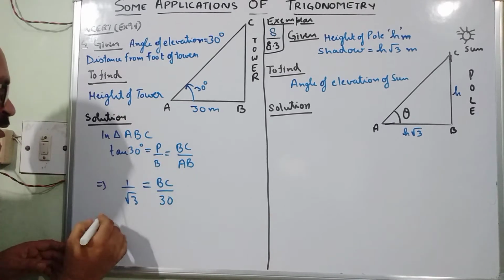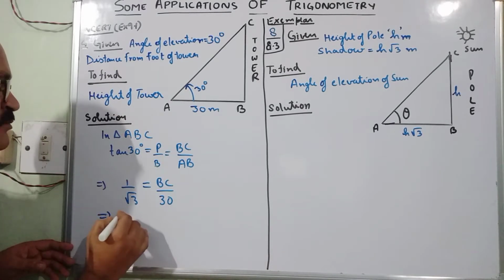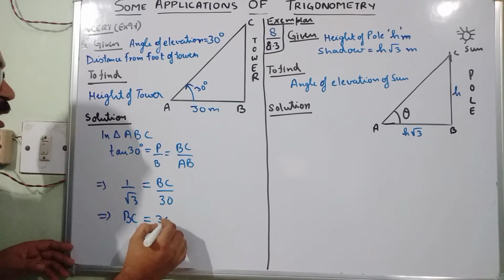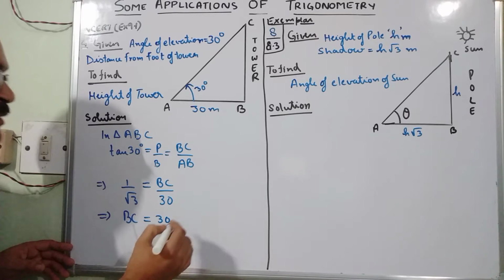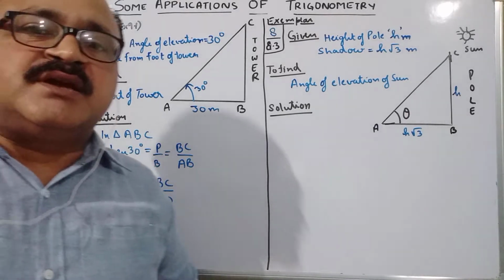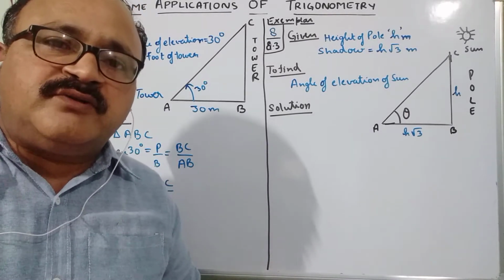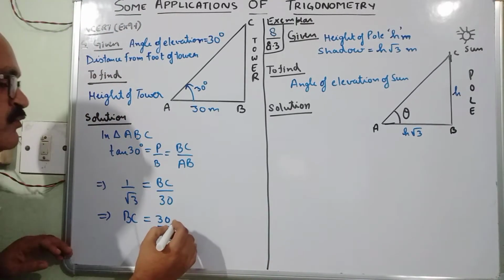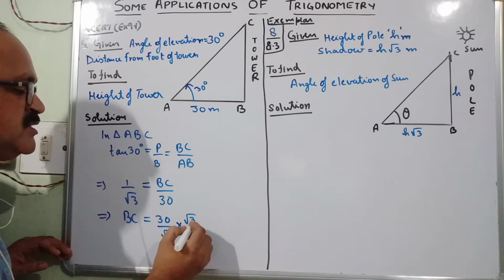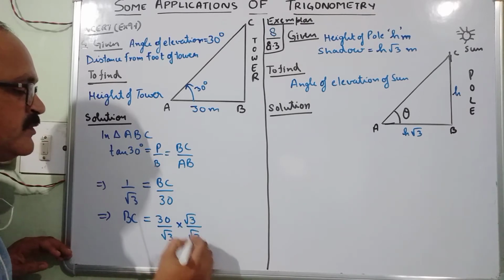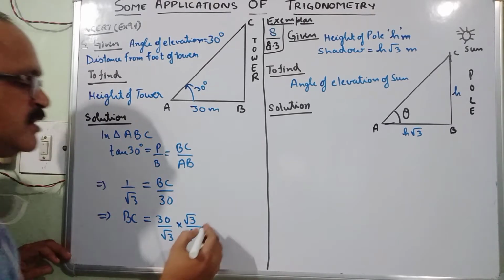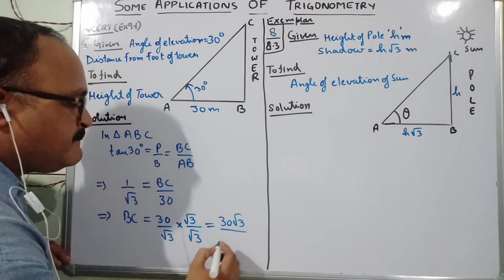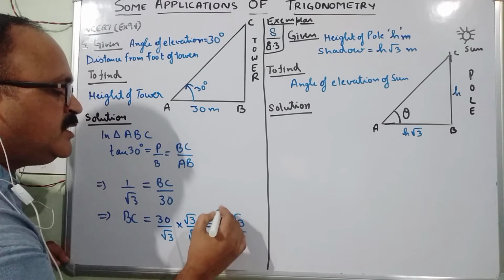So what will be the height of the tower? BC can be written as 30 upon root 3. We have studied in class 9 that we do not leave any irrational number in the denominator, so we will rationalize this. When you rationalize it, you will get 30 root 3 upon 3, and this will be 10.